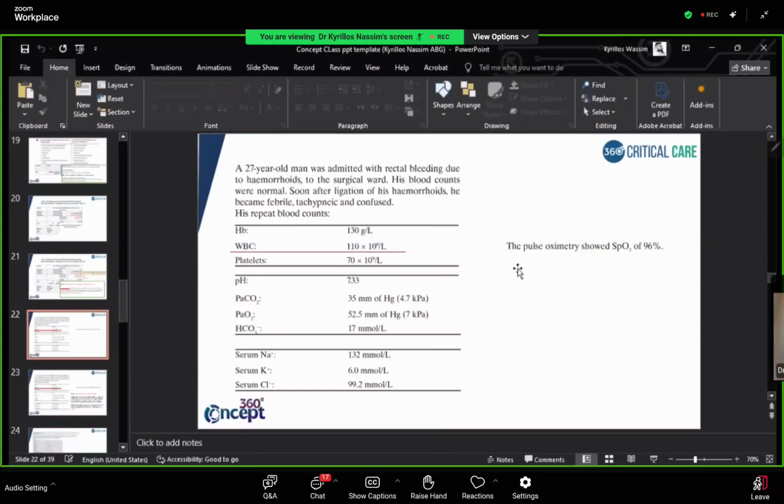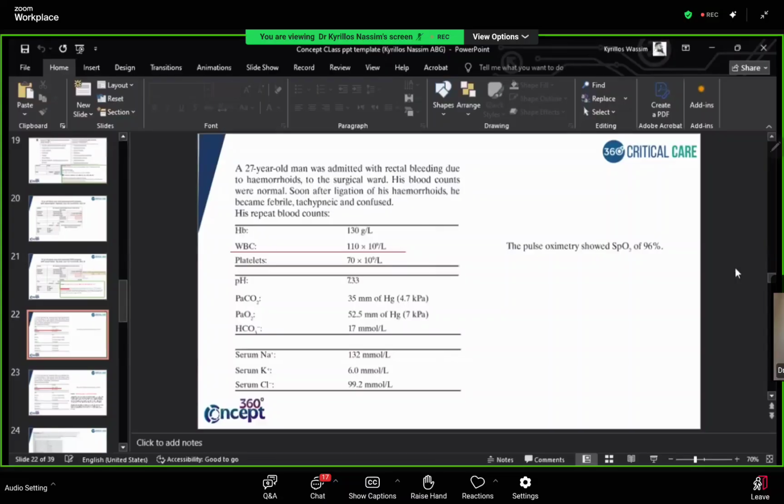Be aware of this question. It happens a lot in examinations. It is a 27 years old man admitted to the surgical ward with rectal bleeding due to hemorrhoids. His blood count was normal. Soon after ligation of the hemorrhoids, he became febrile, tachypneic, confused.